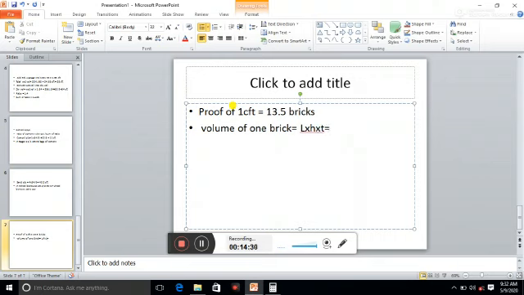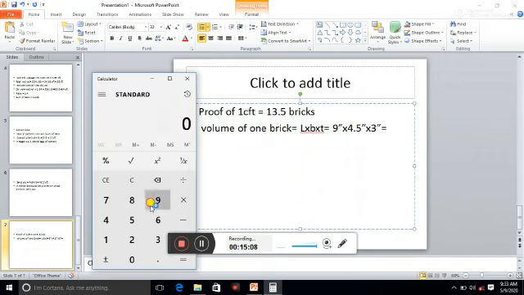We know that the length of one brick is equal to 9 inches, multiplied by the breadth or width of one brick, which is 4.5 inches, and the thickness is 3 inches. This is the volume of one brick.